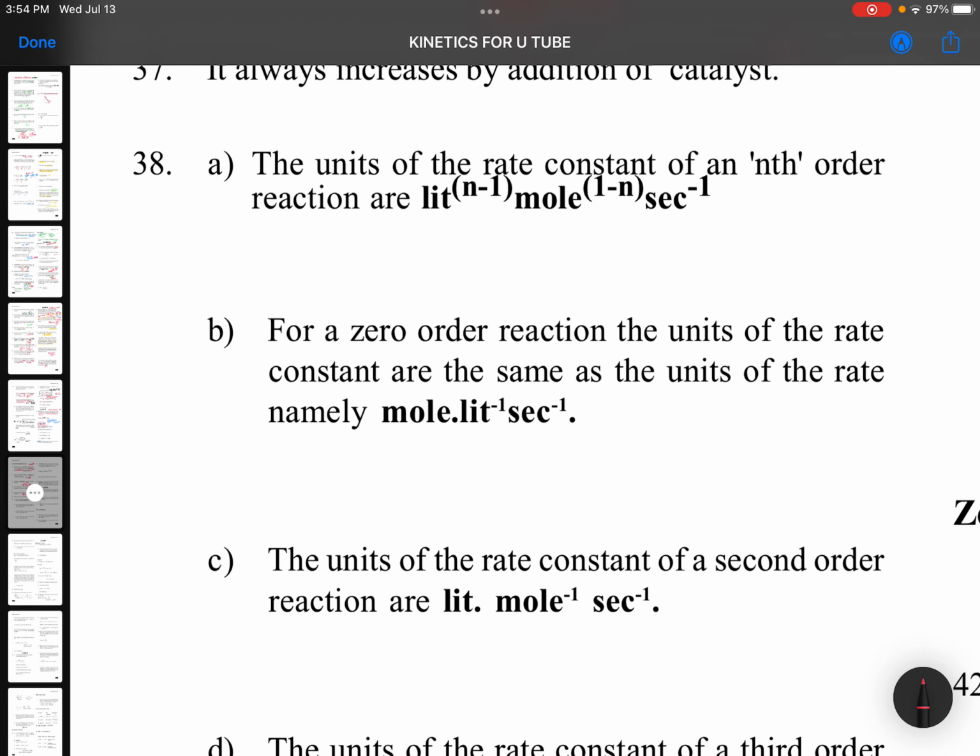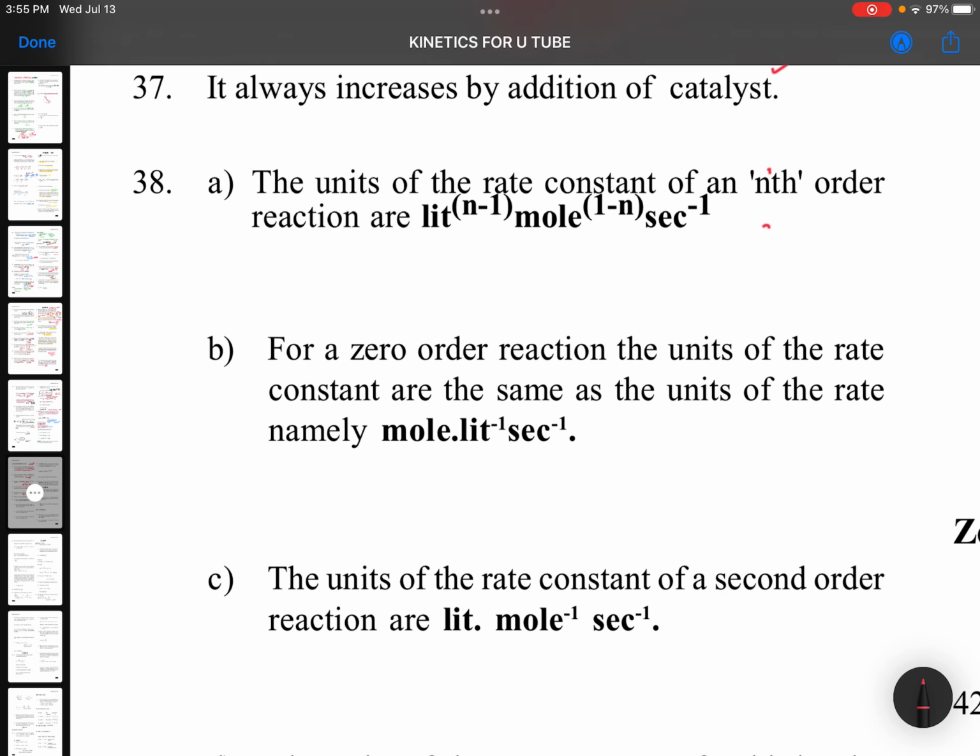The units of the rate constant of an nth order reaction are, okay, now if nth order reaction means you are taking A to the power of n, then the rate constant units will be liter to the power of n minus 1, mole to the power of 1 minus n per second.